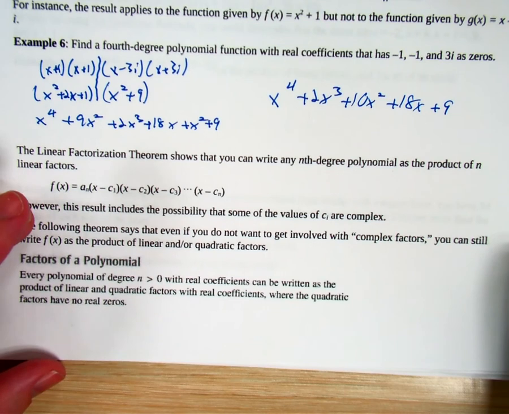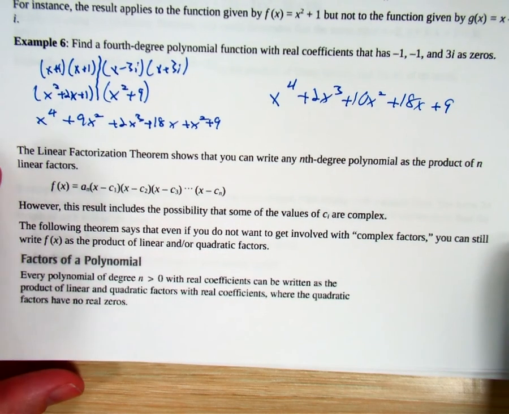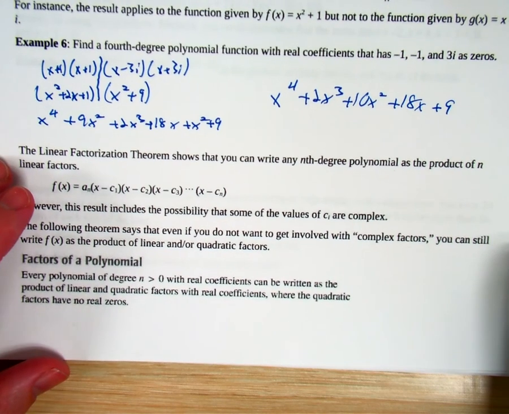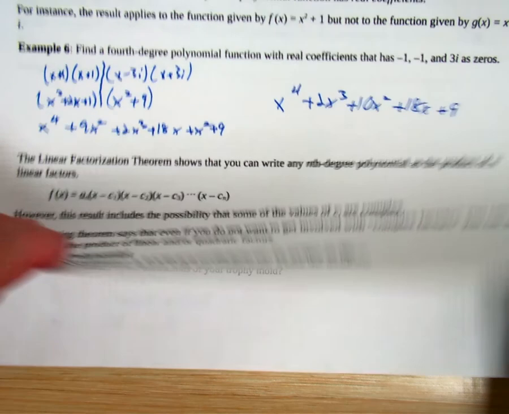The following theorem says that even if you do not want to get involved with complex factors, you can still write f of x as a product of linear and/or quadratic factors, because these imaginary parts come from square roots of negative numbers, so you should be able to write these all as linear factors or a few quadratic factors on the side. And just don't reduce them all the way to get your imaginary linear parts.